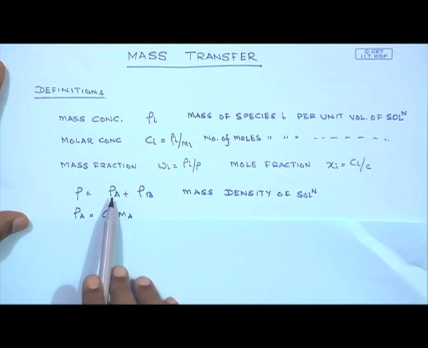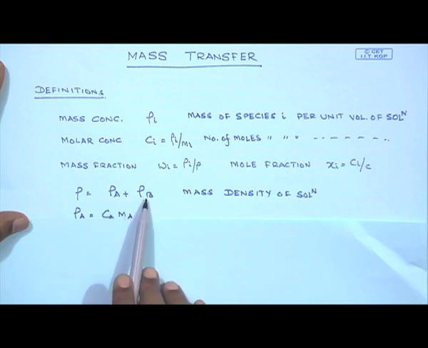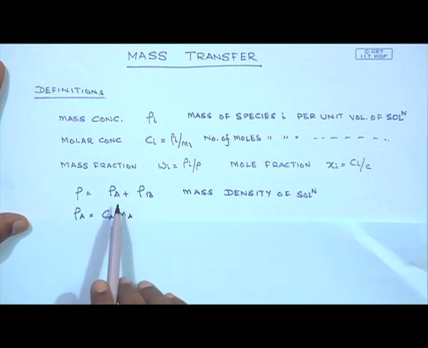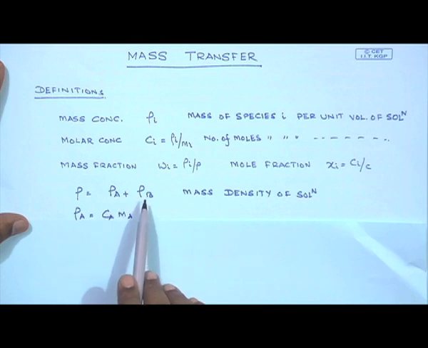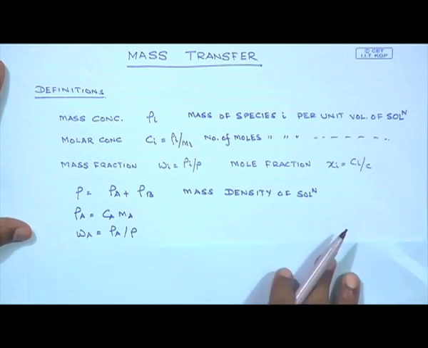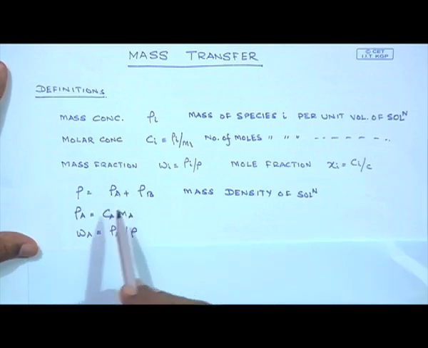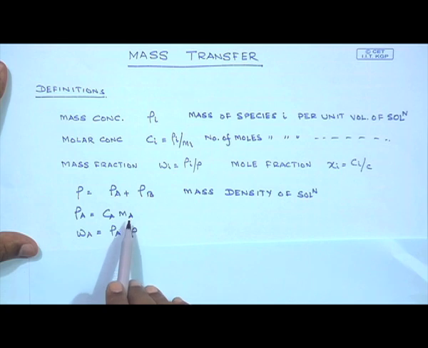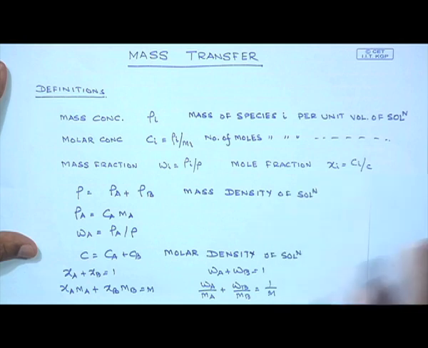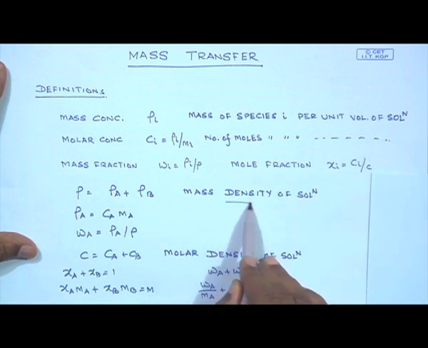And of course, if you add rho A and rho B for a binary mixture, the mass concentrations of A and B added together give you the mass density of the solution. Rho A is simply CA times MA, and wA, the mass fraction, is simply rho A by rho.